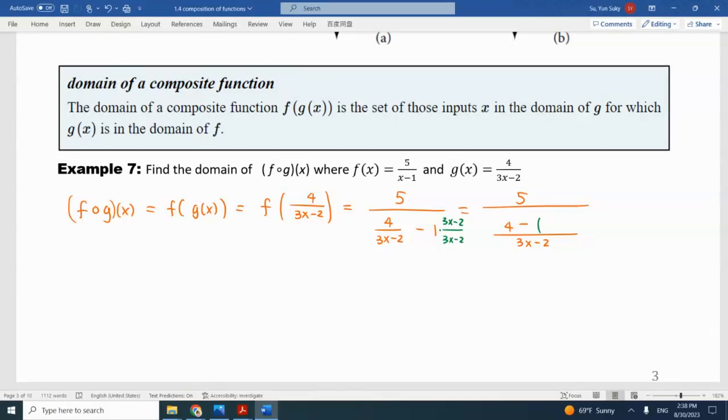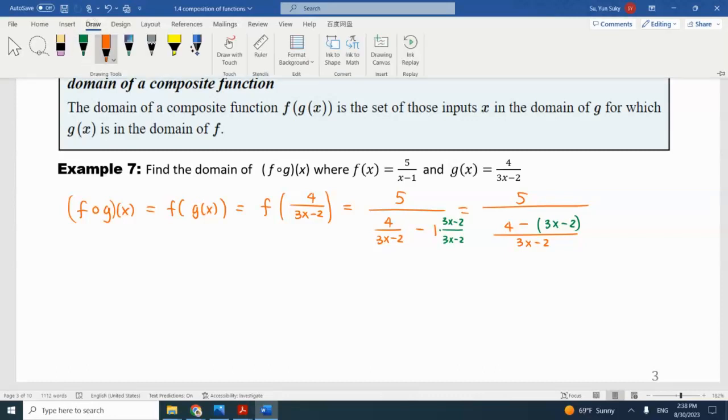So it's like minus parentheses 3x minus 2. Make sure you include the parentheses, because when you break the parentheses, this minus will change the sign. So the negative 2 will become positive 2. Exactly. Alright, so let's continue.